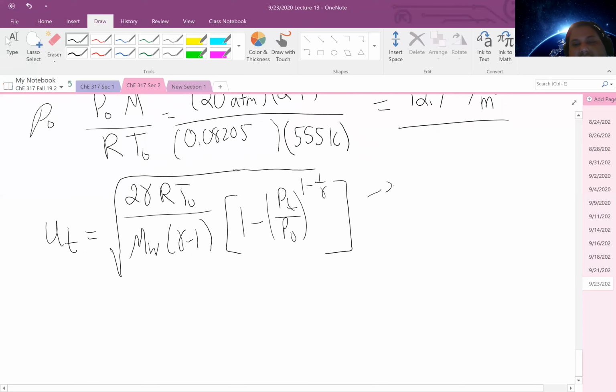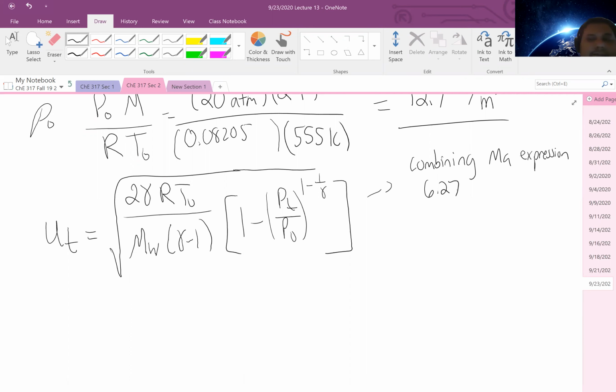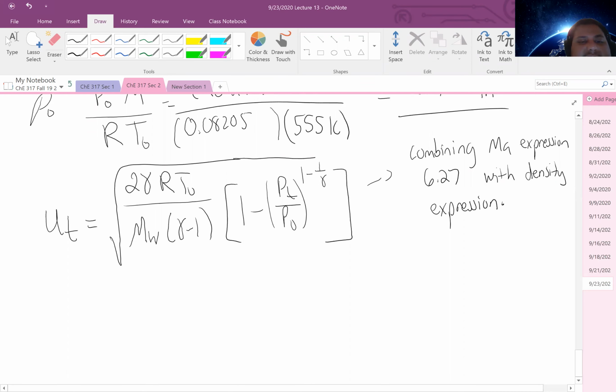And this is essentially combining our Mach expression 6.27 with our density expression to solve for our velocity of the throat.